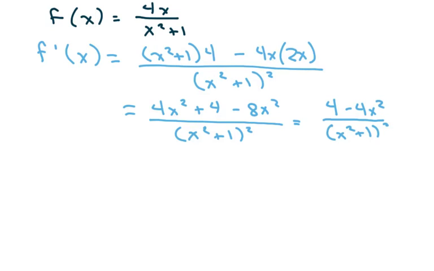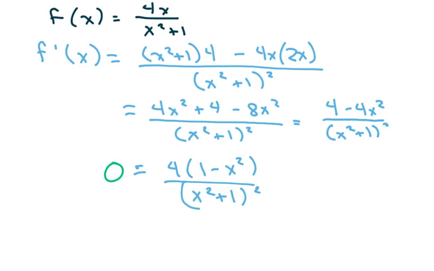When you clean this up, I'm going to factor out the 4 first. Get (1 minus x squared) over (x squared plus 1) squared. To find your critical numbers, you set this to 0.